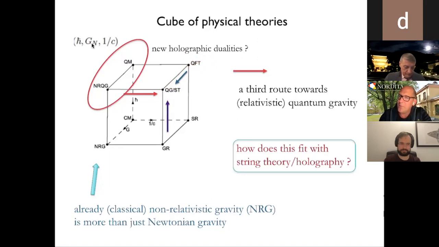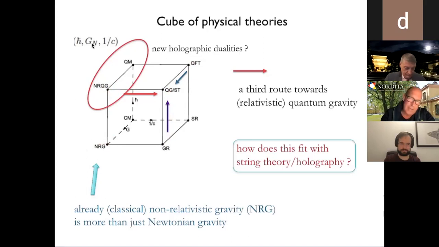Or we approach this from the general relativity side, general relativity being a classical theory, and you ask yourself, how can I quantize it? But if you look at this cube, there's also a seventh corner through which you can approach this eighth corner, namely non-relativistic quantum gravity, which would be the UV completion of a classical theory of non-relativistic gravity.